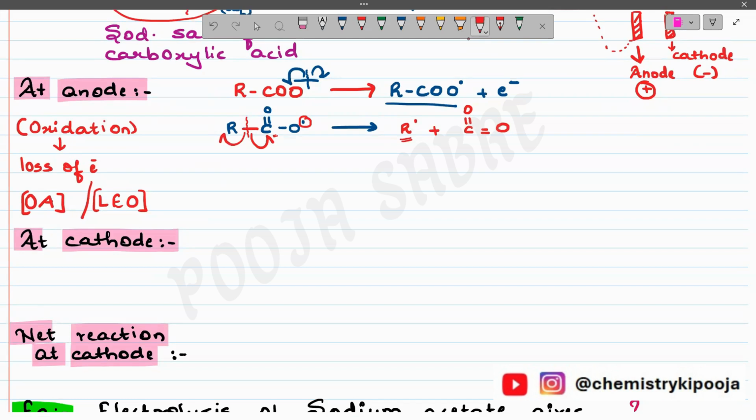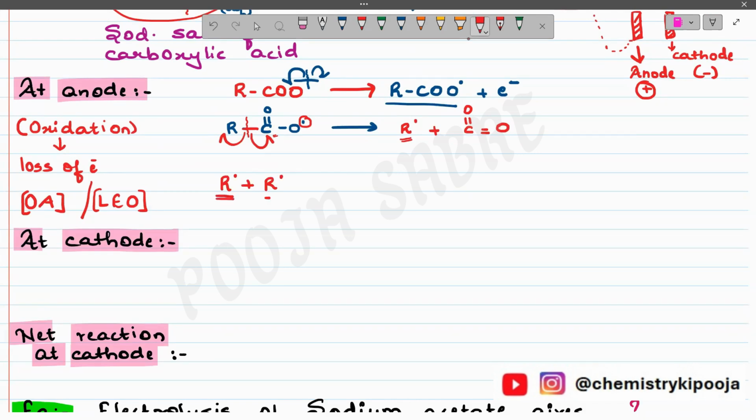And from where will this other alkyl group come? Obviously from the molecule, because we know that in RCOO there are so many alkyl groups. In a molecule there are so many alkyl groups present. So this free radical will combine with one more free radical.